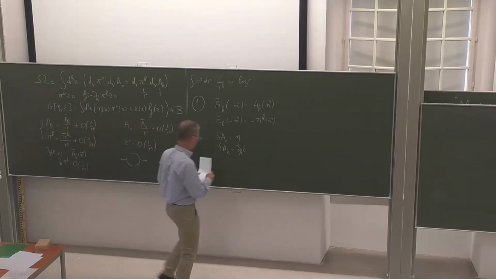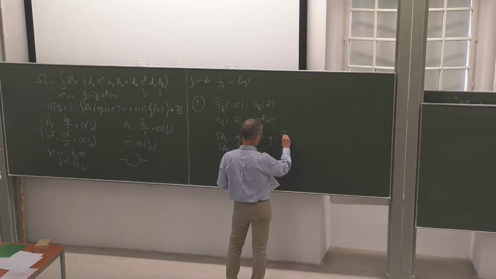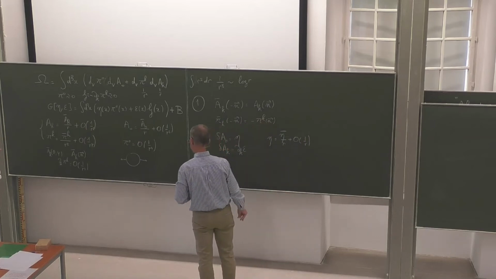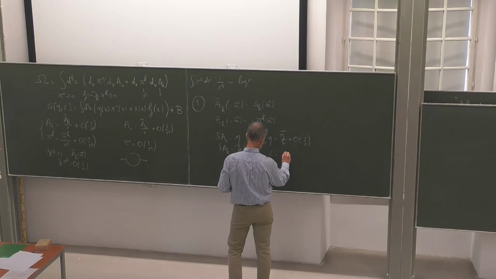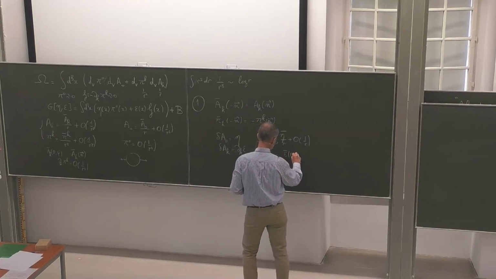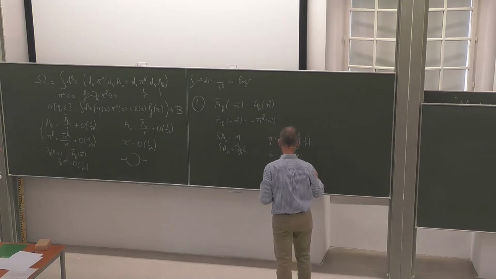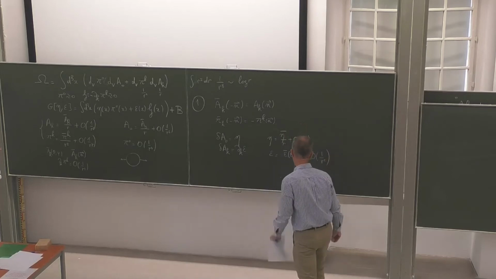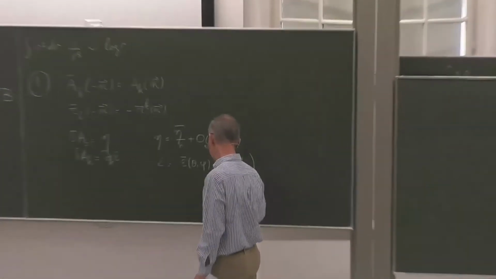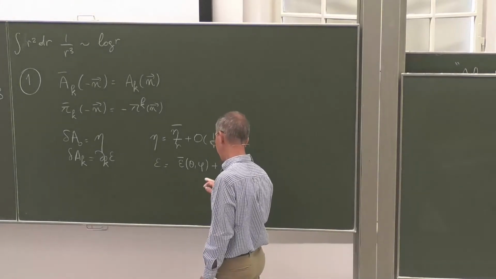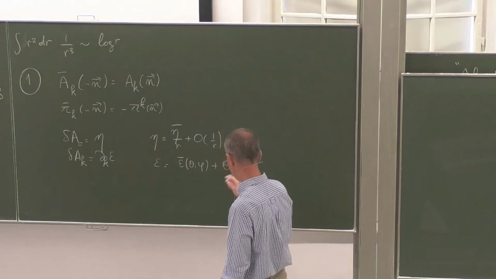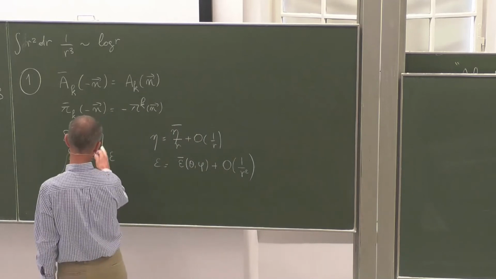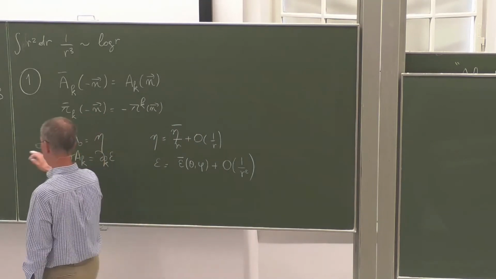Now, that means that eta should go like eta bar over R plus O of 1 over R. And this one tells me that epsilon should go like epsilon bar, which should depend only on the angles, plus, well, there could be a logarithm R term with a coefficient that does not depend on the angle, but this leads to difficulties with the chart, so I drop it. So this will be the most general solution that preserves these boundary conditions.